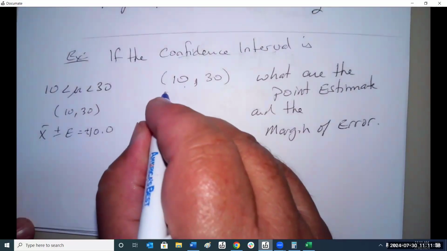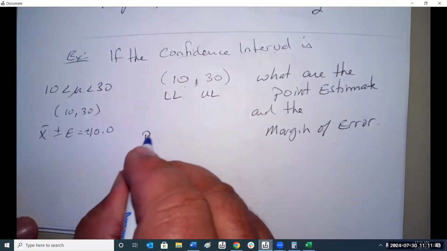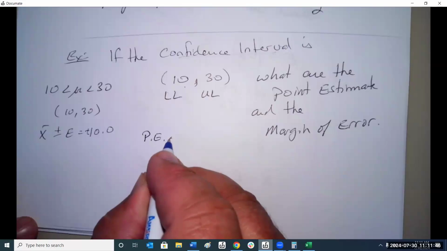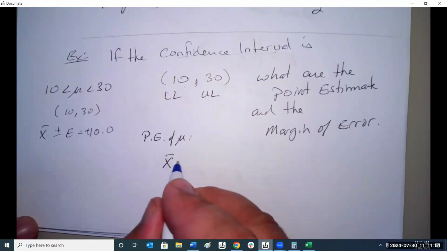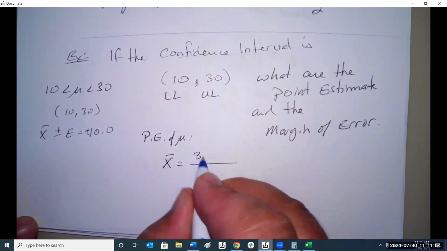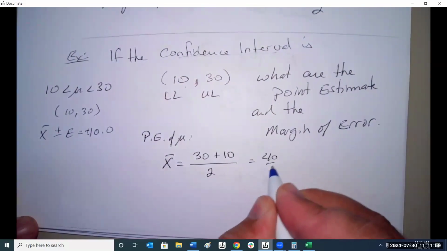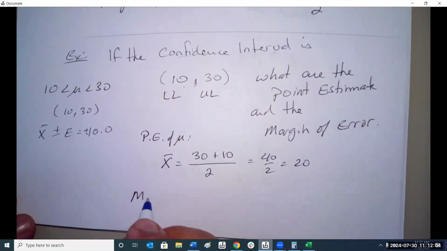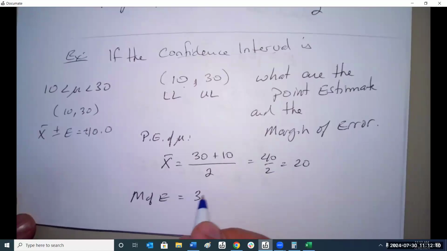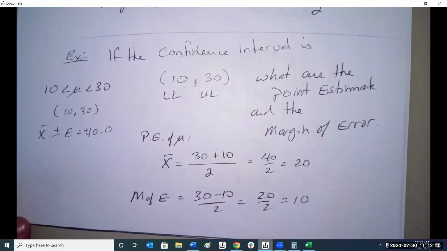So this is our lower limit. This is our upper limit. So the point estimate of our mean is the upper limit plus the lower limit, 30 plus 10, over 2, which is 20. And the margin of error is 30 minus 10, divided by 2, which is 10. Right.